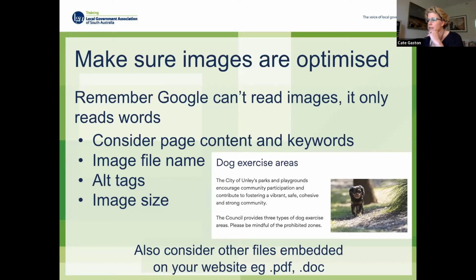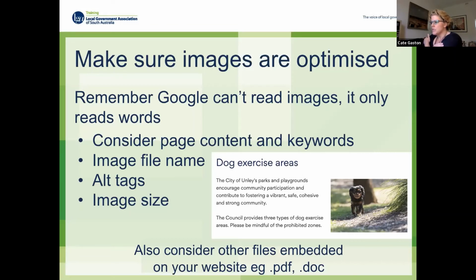Usually with JPEGs, because sometimes people take the photo on their mobile phone, the image file name is a series of letters and numbers .jpeg, and a series of letters and numbers is going to be of no relevance to Google. So consider renaming the file so it is more reflective of the image.